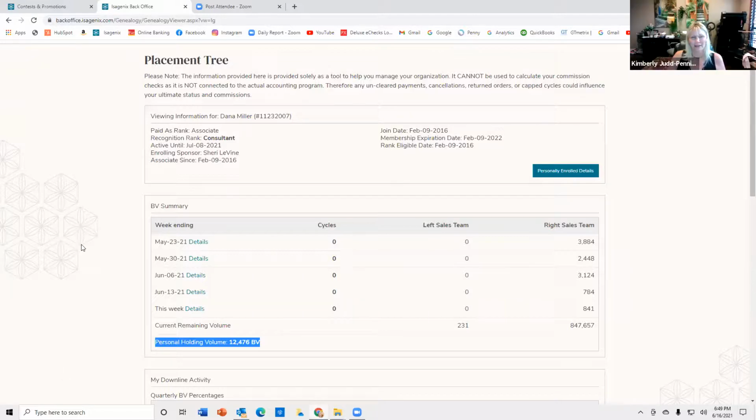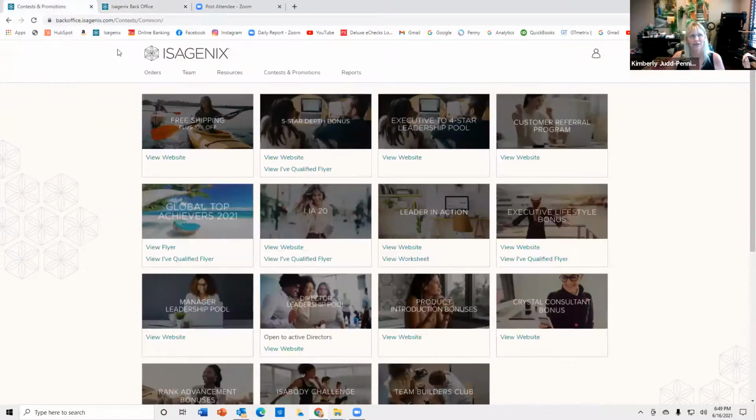So one other thing that I want to show is, have you gone through this in your back office in a while? If you haven't gone through it in a while, go through it again, because we have a huge incentive right now.